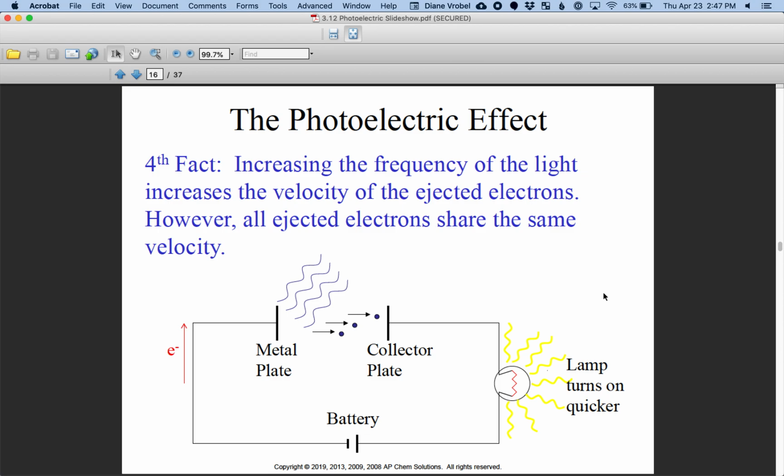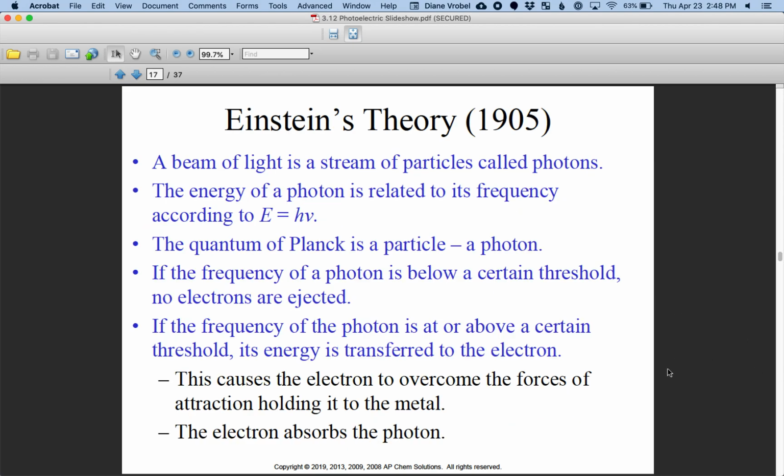They also saw that if they went higher with their frequency, they saw a wide variety of electrons, and they found that these electrons had the same velocity. So it was almost like if they went past the threshold, they saw that they had ejected electrons with the same velocity. So that was kind of a clue for them for what was going on.